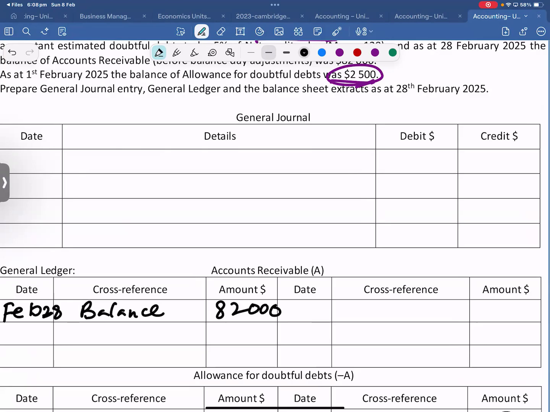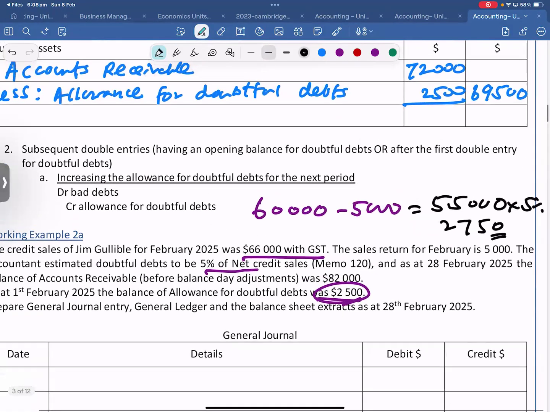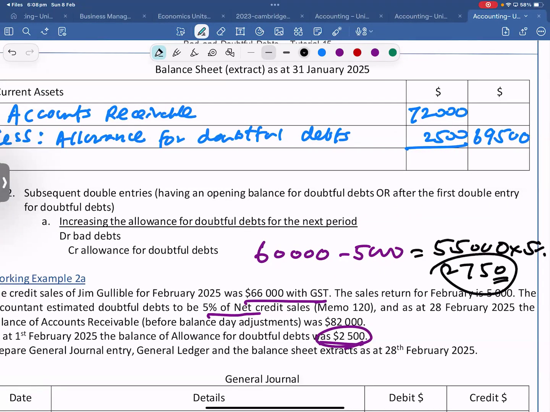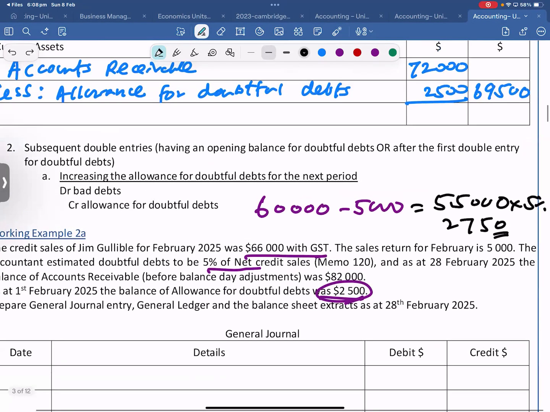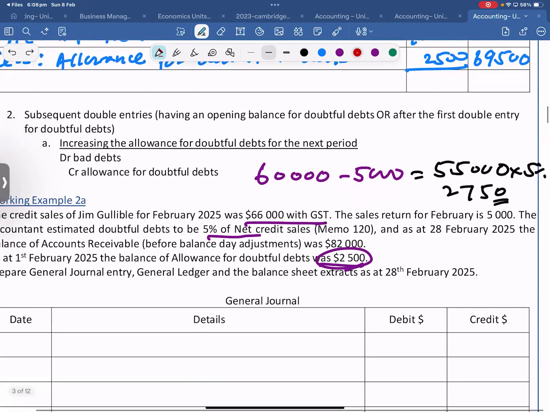Okay, so then guys, what happened? We had allocated 2,500 already last month, so now we are going to increase only by 250. But I'm going to do it in a different way. I'm not asking you to compare this 2,750 with this 2,500 and then work out 250.